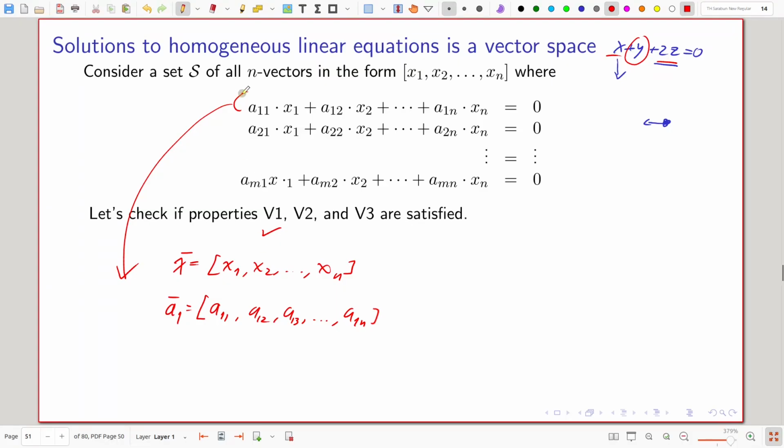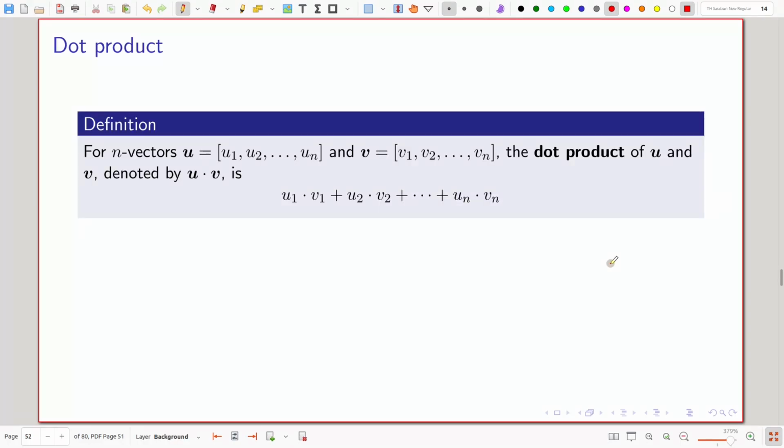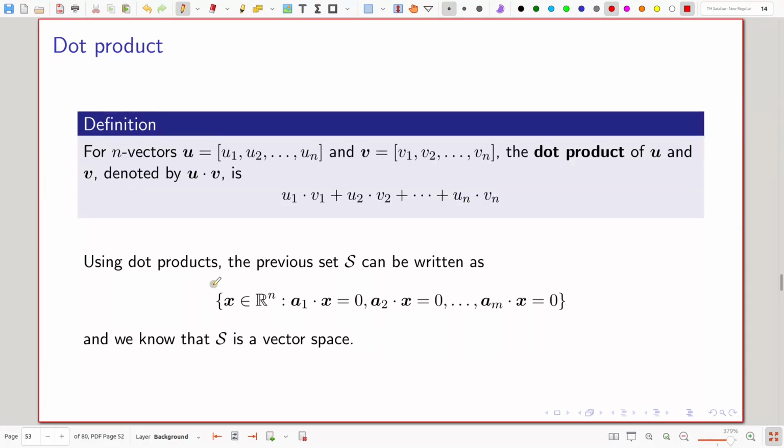This equation can be rewritten as a1 dot x equals 0. Sorry, a1 dot x. You can rewrite all of this like this, and you get this set. The set belongs to R to the n because you have n variables, and it satisfies the first equation, second equation, up to the m equations.